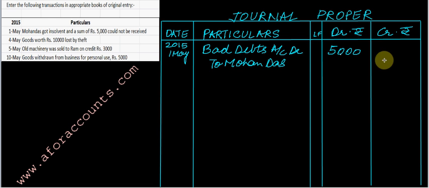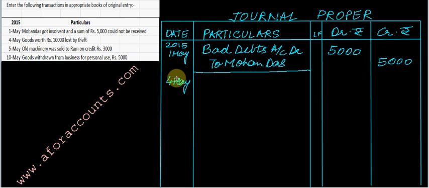I have to credit Mohandas' name because he was my debtor, standing as a debit balance. He cannot pay me now, so I have to credit his name to remove those 5,000 as assets from me. No more my assets.